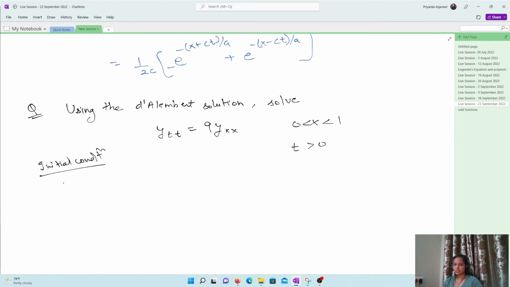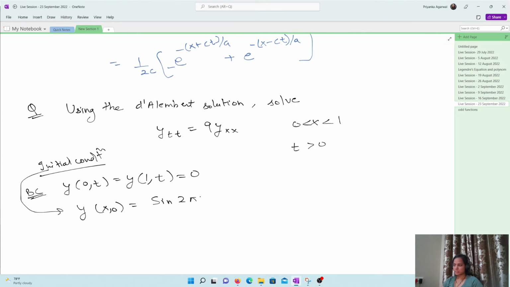you are given that y at (0, t), so this is the boundary condition, y(1, t) goes to 0, and the initial condition is y(x, 0) equals sin 2πx, and y_t at (x, 0) is sin 3πx.